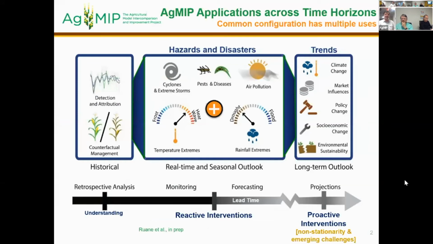I showed this slide yesterday, but I'll just recap. This is thinking about how we often are using crop models to focus on fundamental responses. Here I'm focusing on climate responses, but we could do a similar thing for carbon processes or greenhouse gas exchanges. But the idea being we can use this to understand the present day, to understand the past, and to think long term about the future, reacting, but also being proactive as we go forward.